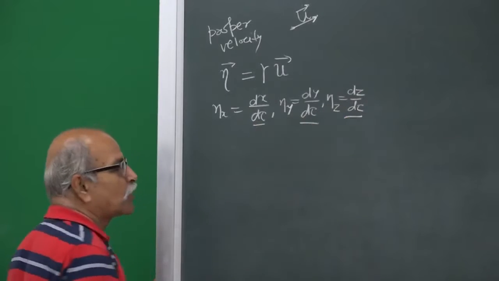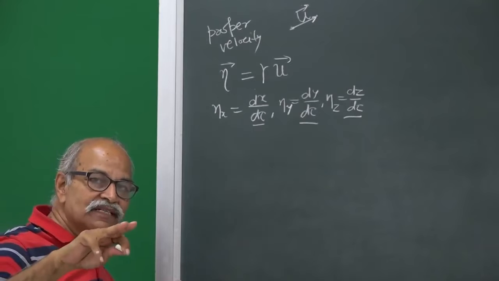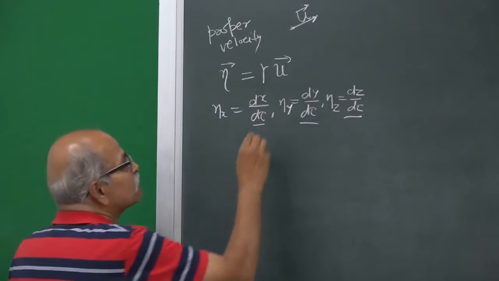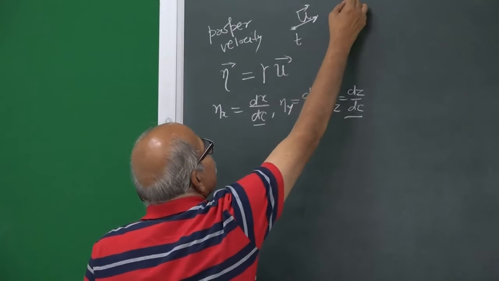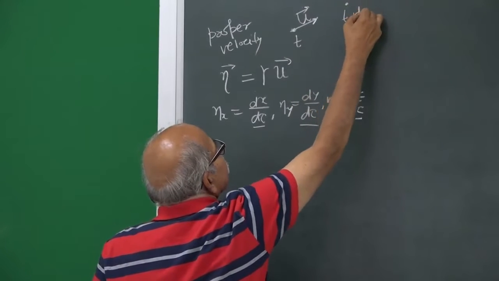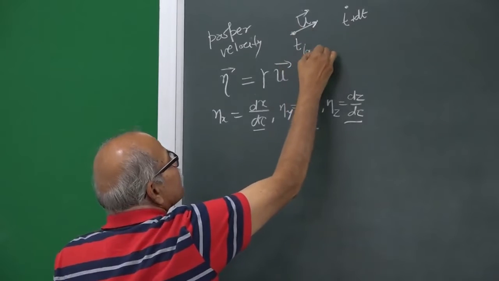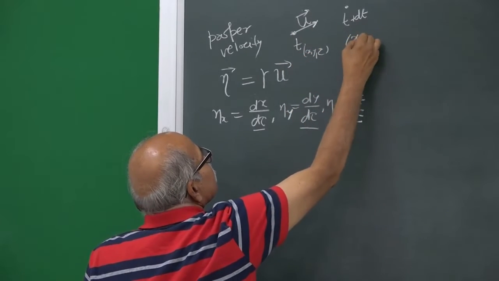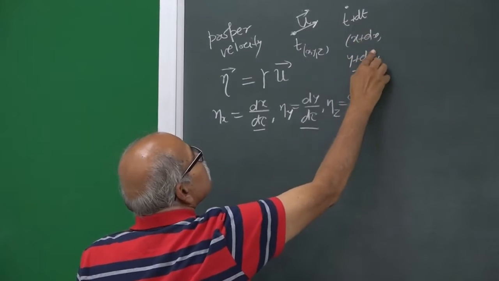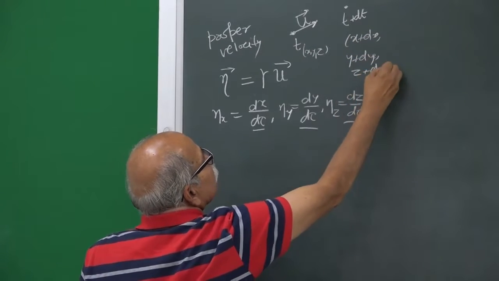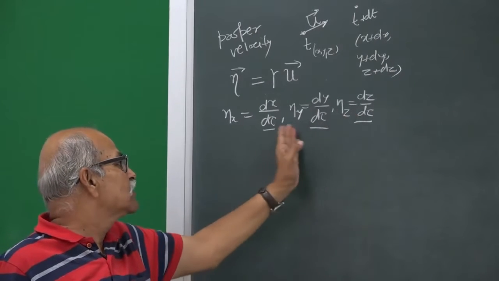This d tau was the proper time interval between 2 events, and the events were the particle is here at time t and then the particle goes somewhere else at time t plus dt, and this location is xyz and this location is x plus dx, y plus dy, z plus dz. So, these are the 2 events and this is the proper time interval between these 2 events.